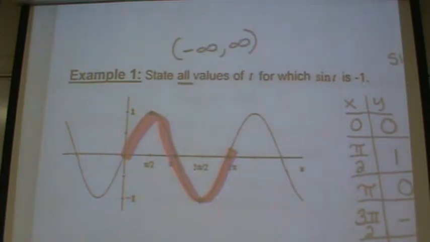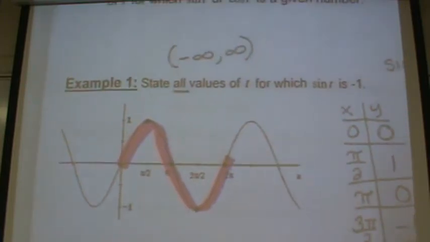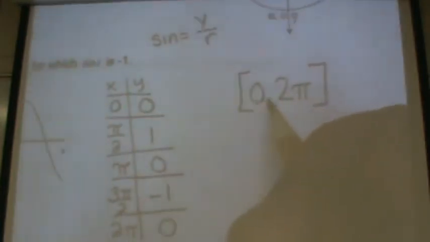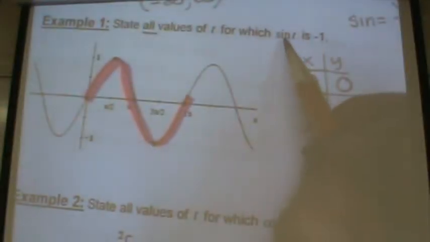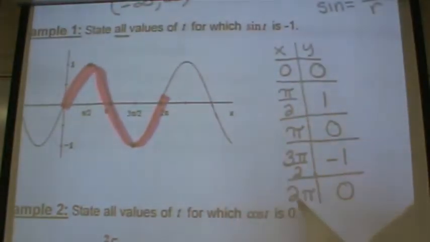If they said state all of the values from 0 to 2 pi, if I said from 0 to 2 pi, give me all of the values for which sine of t is negative 1.